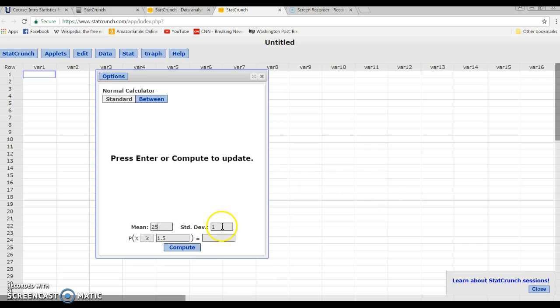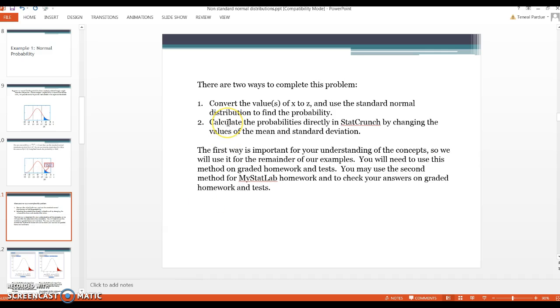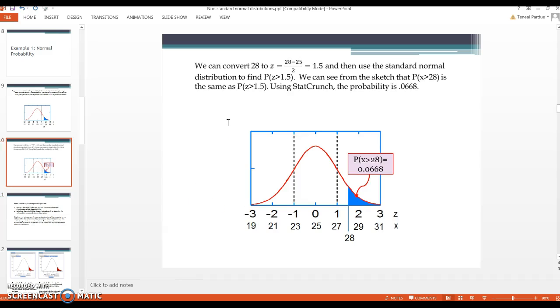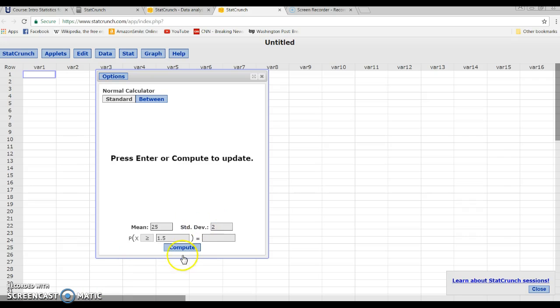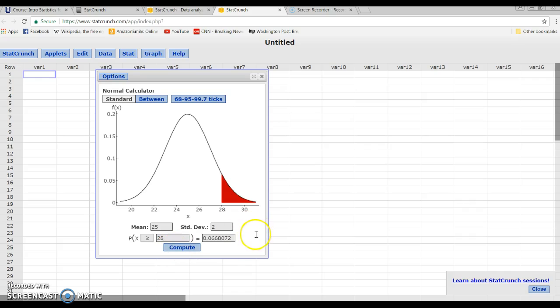We said it was 25 with a standard deviation of 2. Let me go back and look. Yeah, mean of 25 with a standard deviation of 2, and we wanted to find the probability that x was greater than 28. So we'll put 28 in here and compute, and we do get the same answer.